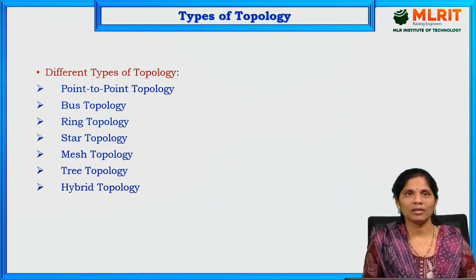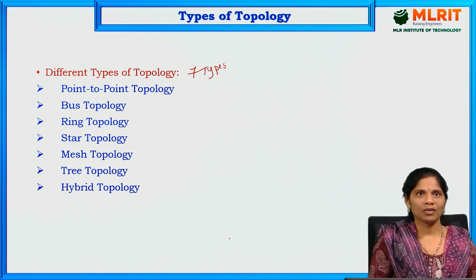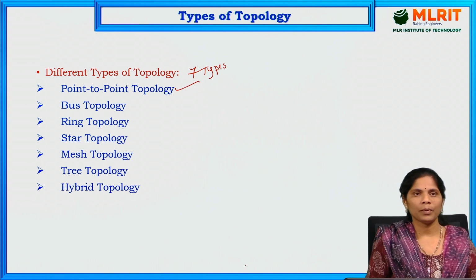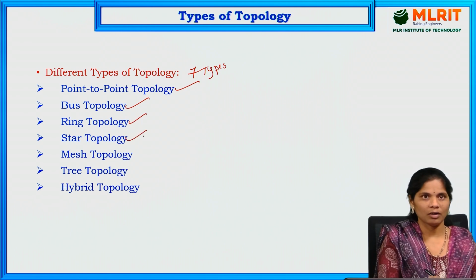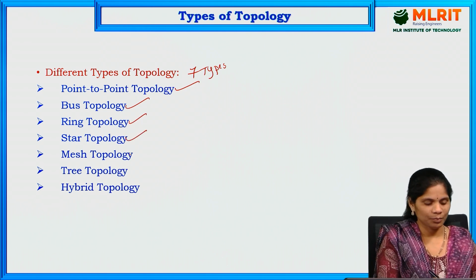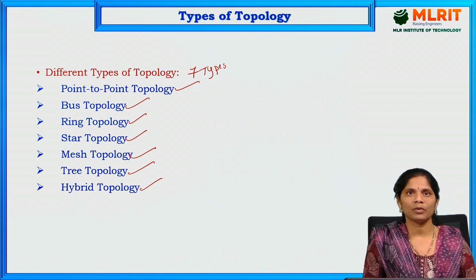These are the 7 types of network topologies. First one is point-to-point topology, next is bus topology, next ring topology, next star topology, mesh topology, tree topology, and finally hybrid topology. These are the 7 topologies we are using in computer networks.